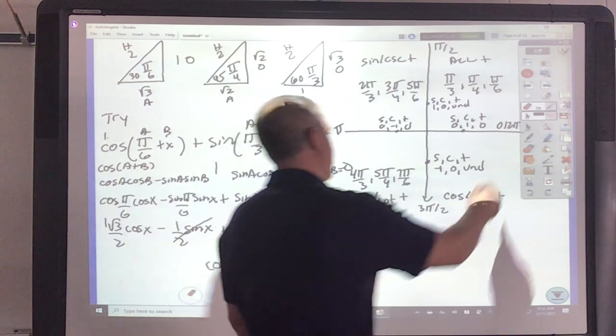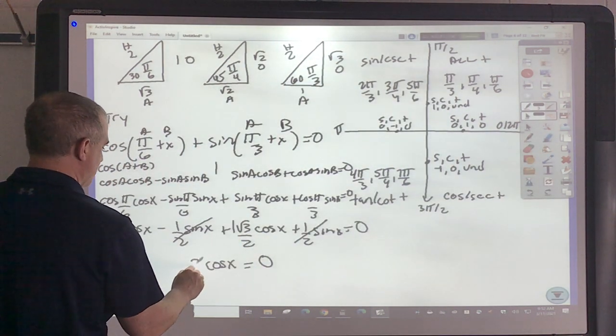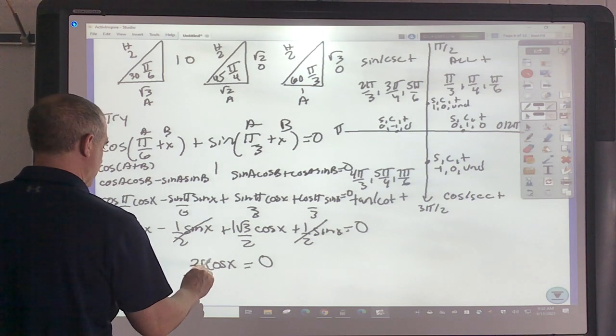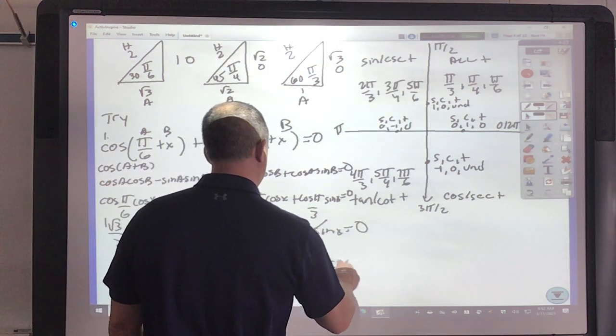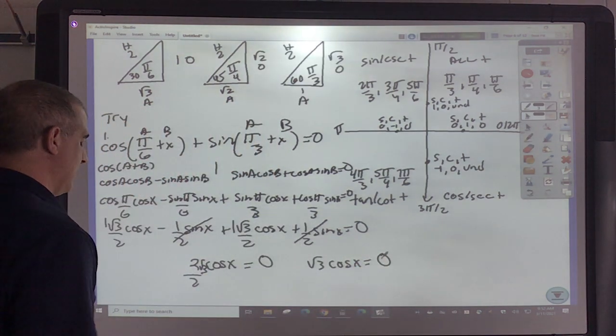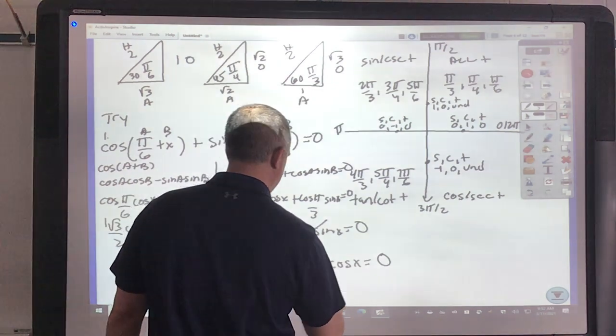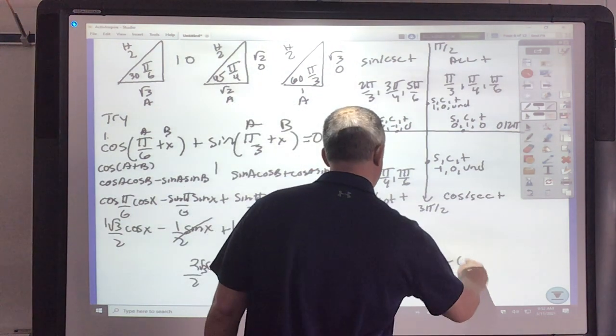So this would end up being 1/2 and 1/2, which would be basically 2 over 2 with the square root of 3. So that's going to be square root of 3 cosine of x equals 0. I guess just divide by the square root of 3, so I got cosine of x equaling 0.